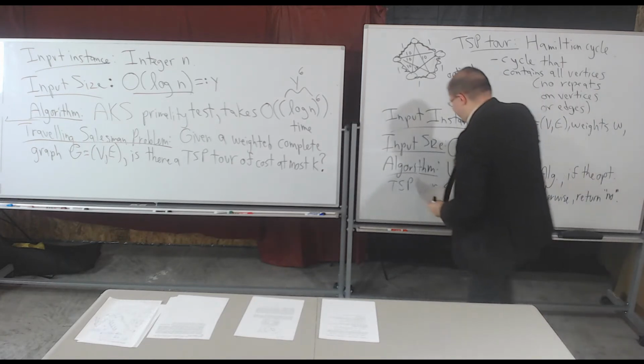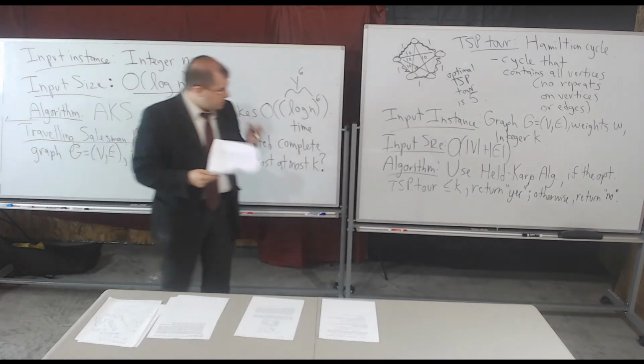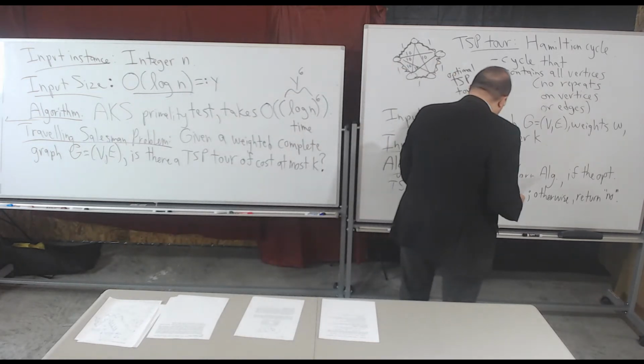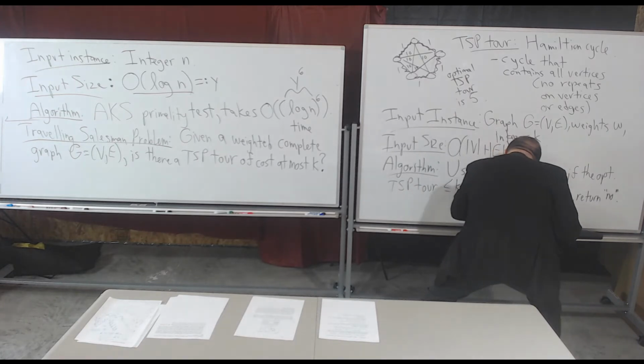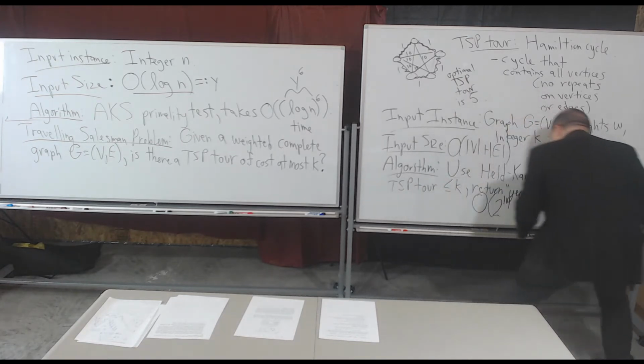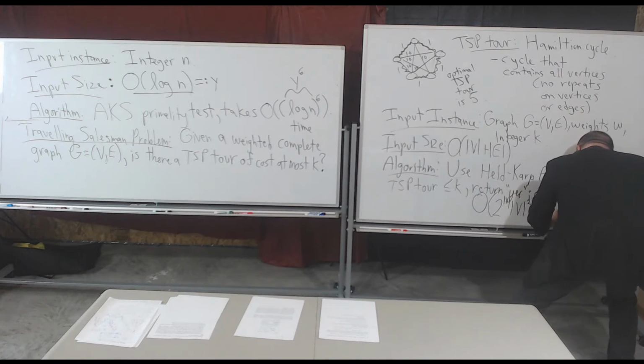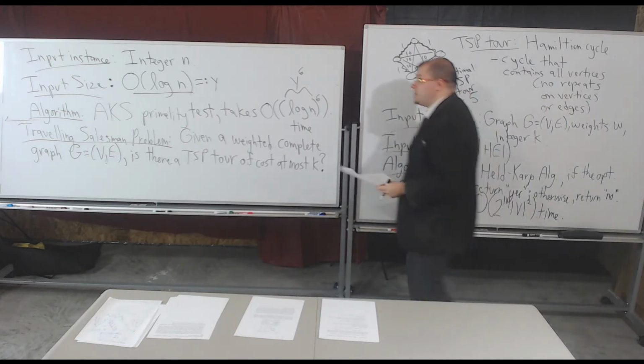It's worth noting this algorithm takes exponential time. This one in particular, it takes big O of 2 to the power of the number of vertices in the graph times the number of vertices in the graph squared. So this is an exponential time algorithm.